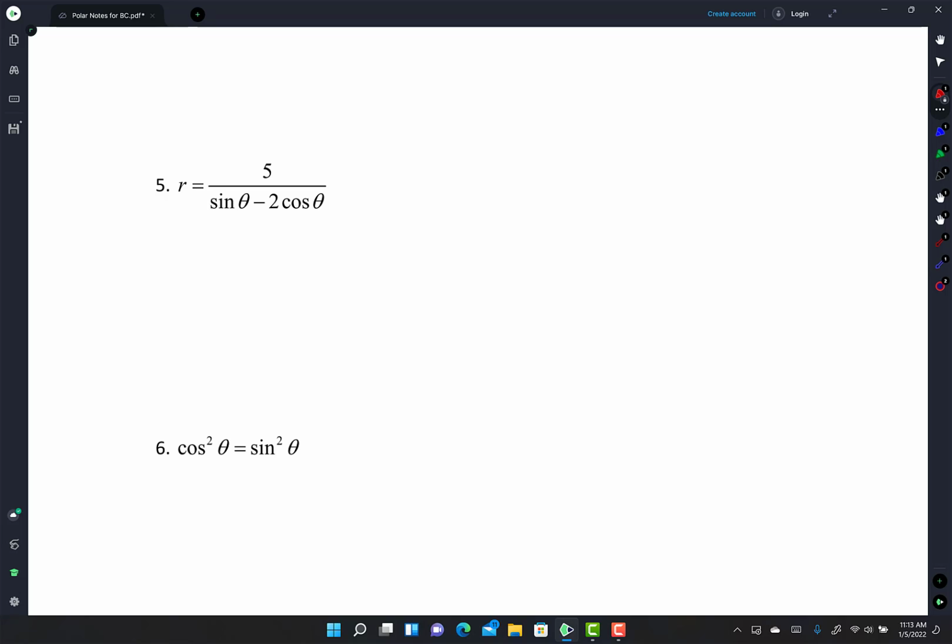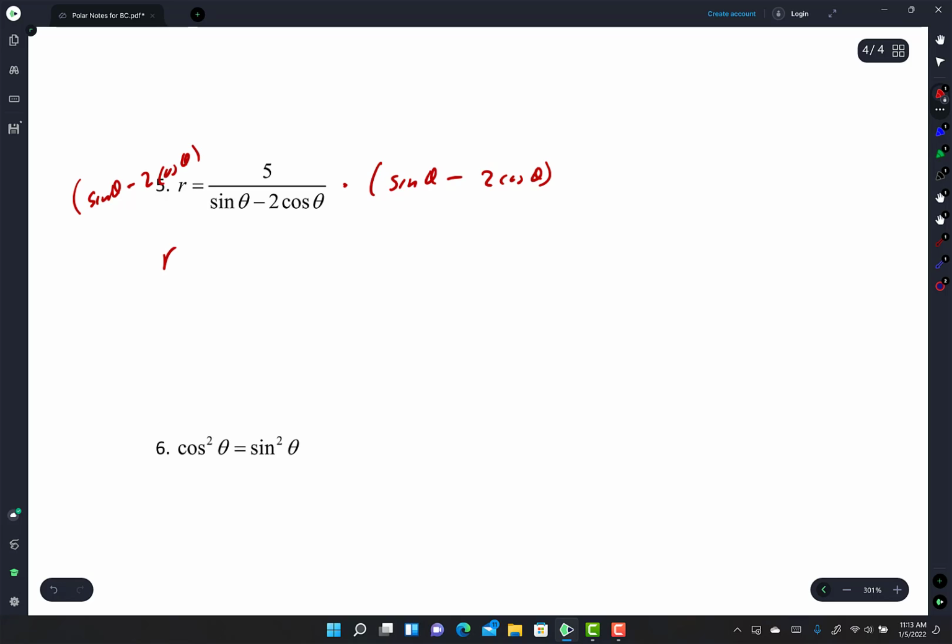I'm going to multiply it by the denominator to get rid of it. So times sine theta minus 2 cosine theta. Whatever you do to one side, you do to the other. So here's what we have. r times the quantity sine theta minus 2 cosine theta equals 5.